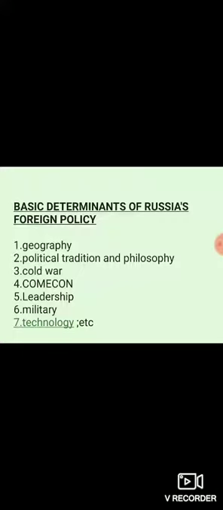Now, what were the basic determinants of Russian foreign policy? The basic determinants of Russia's foreign policy were geography, political tradition and philosophy, Cold War, Comecon, leadership, military, technology, etc. We will discuss these one by one.